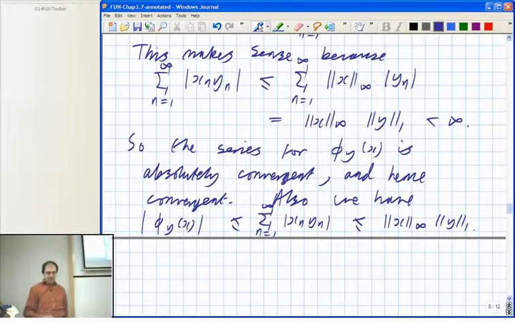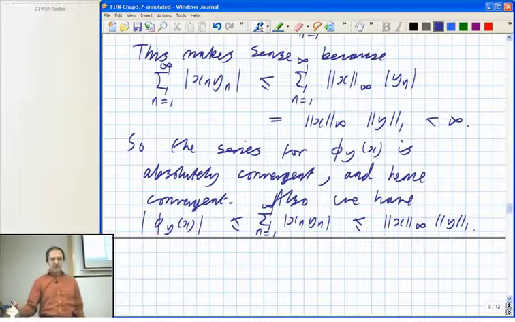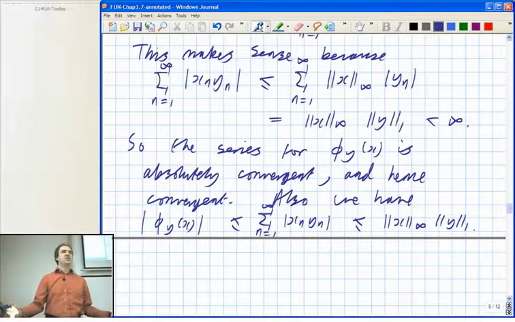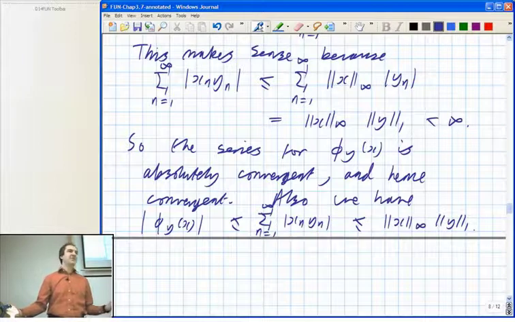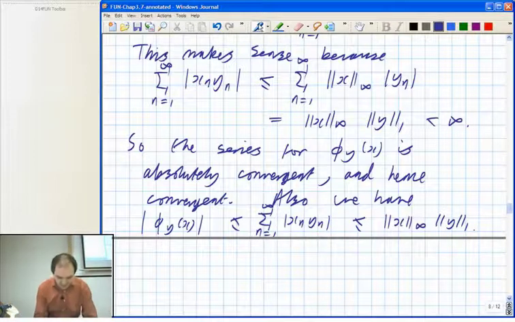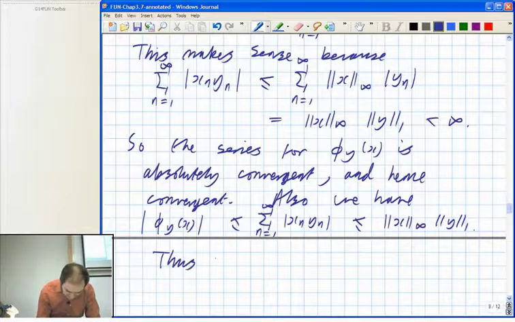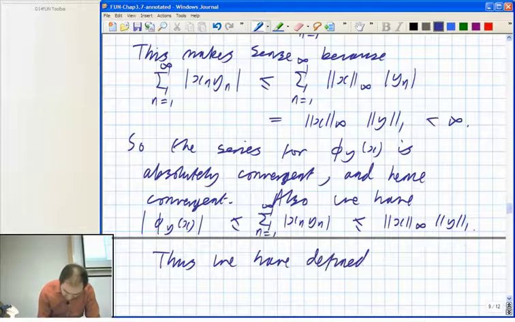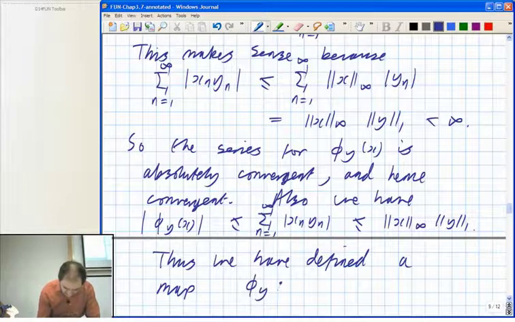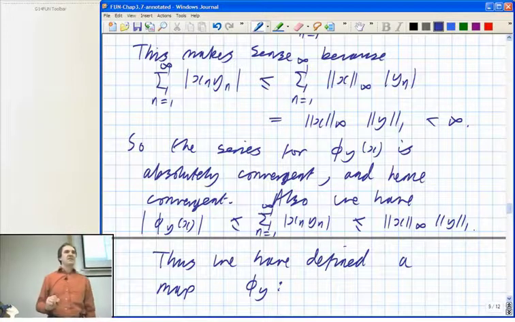Now, this shows that we now have a well-defined function, phi y, taking C0 into the scalars. Thus, we have defined a map phi y. I sometimes say phi, I sometimes say phi.